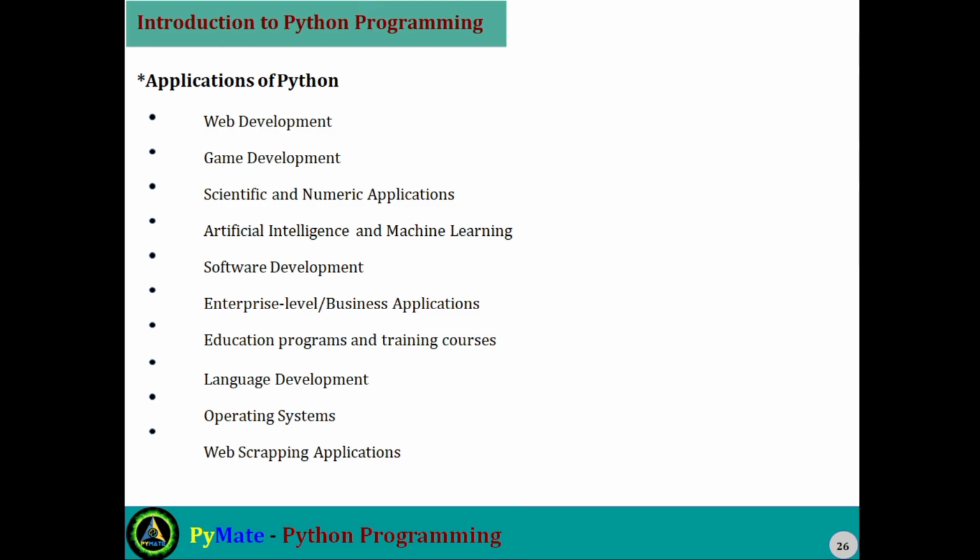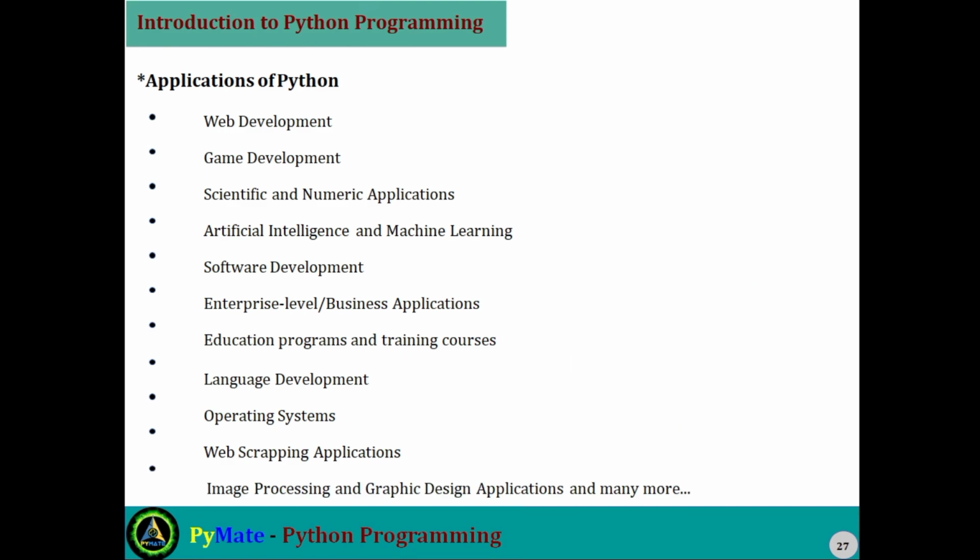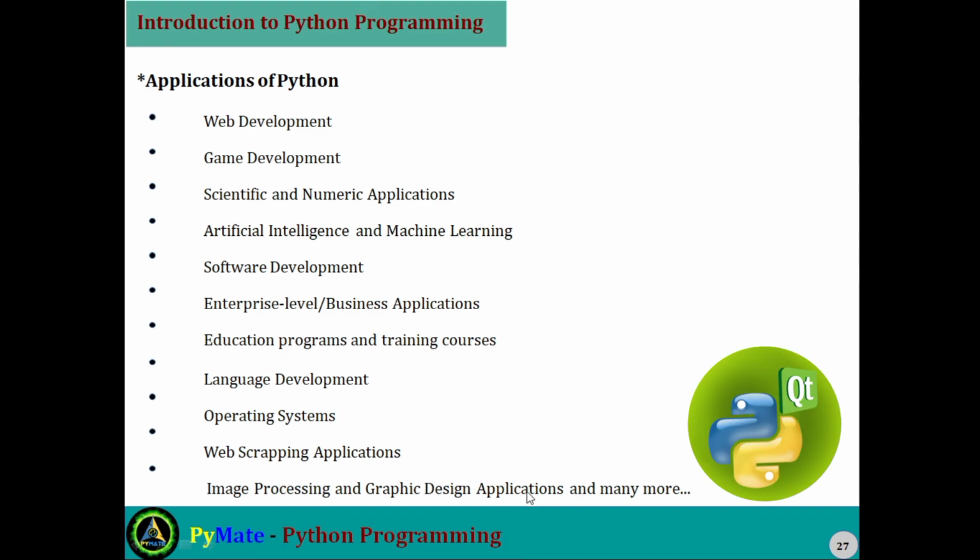And web scraping applications, like I said, Scrapy, Beautiful Soup, Selenium, all those things can be used for web scraping, data extraction through the web, and image processing, graphic design applications, and many more. Image processing means the Pillow library, PIL is there, and for graphic design and GUI applications, PyQt is there, Kivy is there.